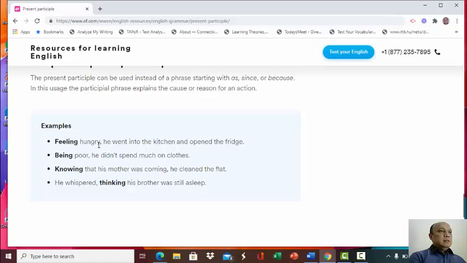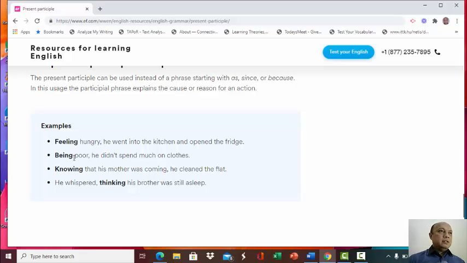So, another sentence, being poor, he didn't spend much on clothes. This actually means the same as because he was poor, he didn't spend much on clothes. But then again, you can shorten it using the present participle.